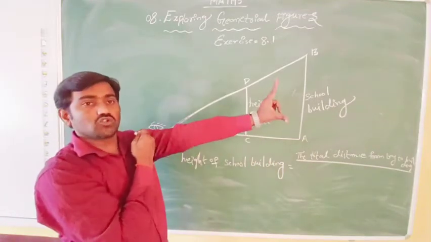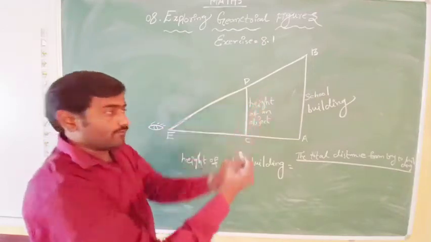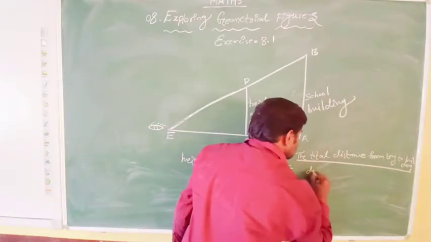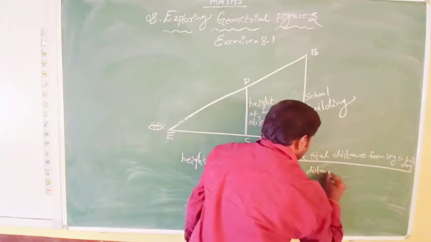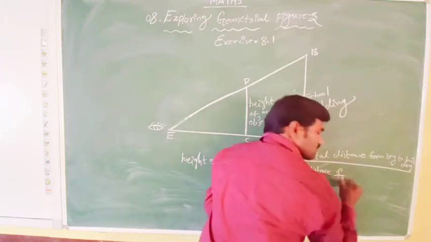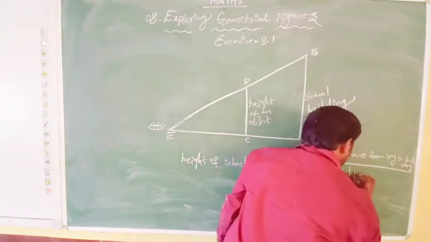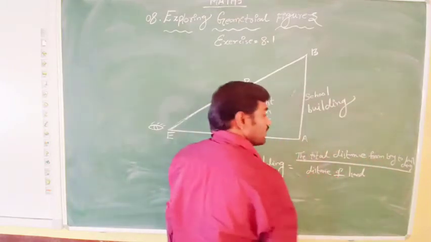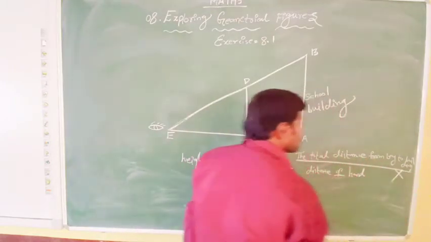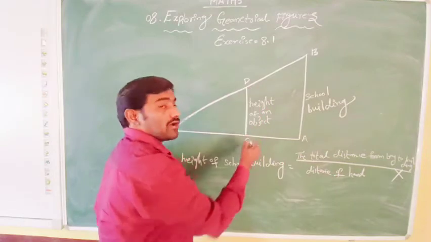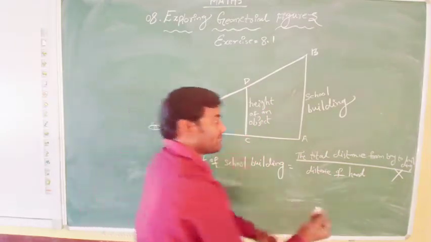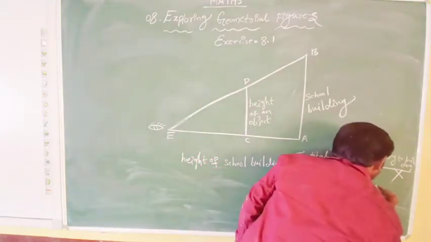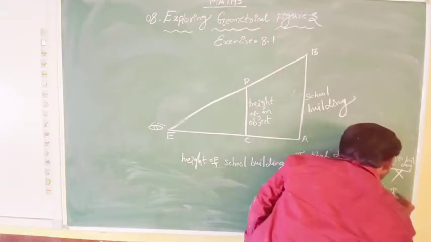This distance also you should know, the distance of arm, nothing but the distance of your hand, into the height of the object which you hold in the hand. Height of an object.